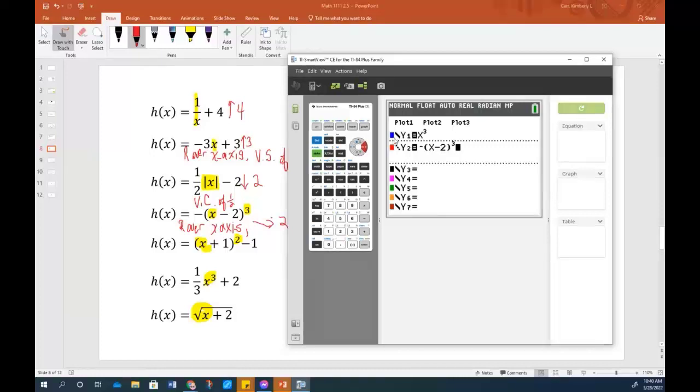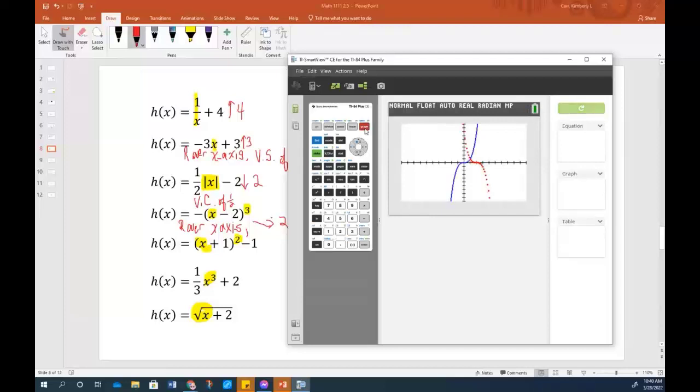The parent will show up in blue, and the red one will show me the transformation. What we see is that it was going up on the right and down on the left, but now that is reversed. That's my reflection.